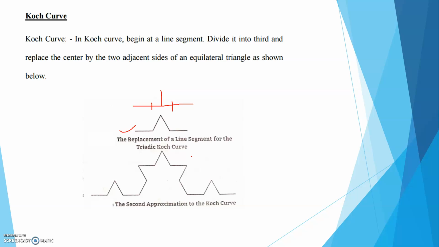This will give the curve which begins and ends at the same place as the original segment, but it is built of 4 equal length segments, with each 1/3 of the original length, so the new curve has 4/3 the length of the original segment.